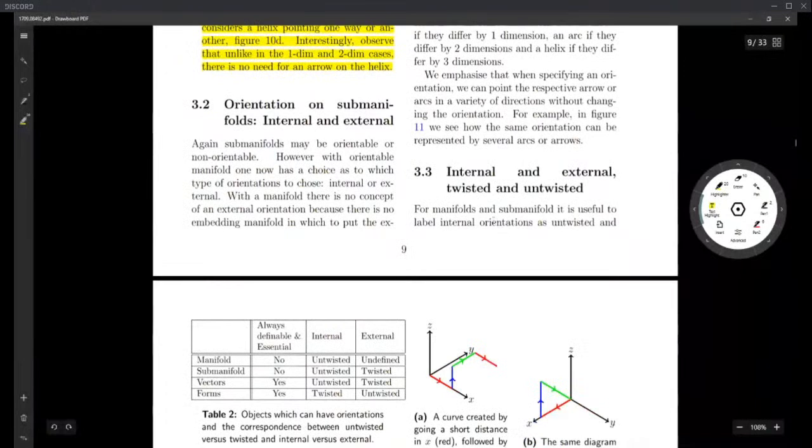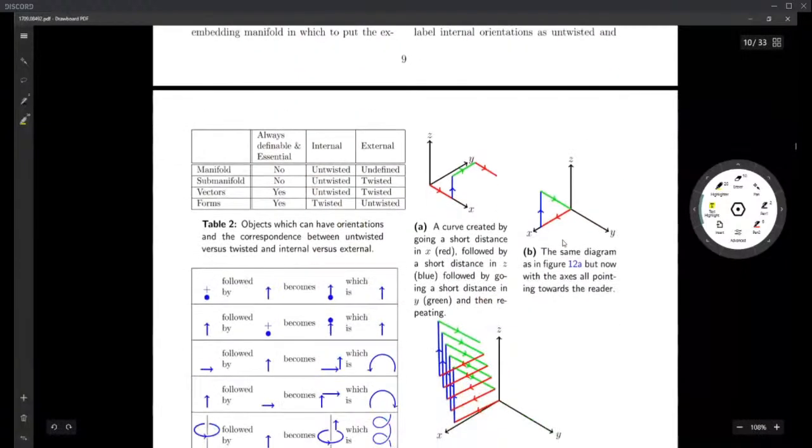So, internal and external, twisted and untwisted. Where do these merge together? You would call an internal orientation untwisted and an external orientation twisted. Right here you have a table which dictates whether these are definable and essential as such.